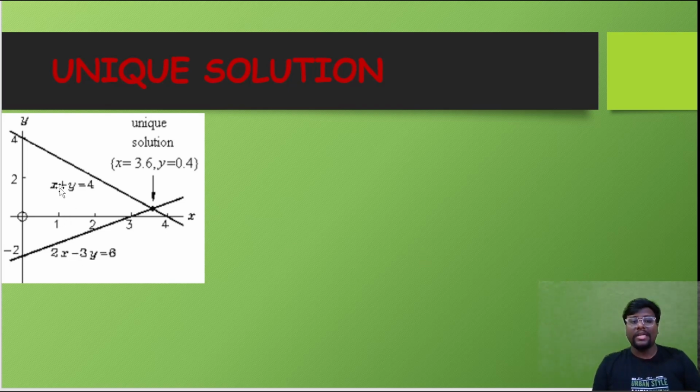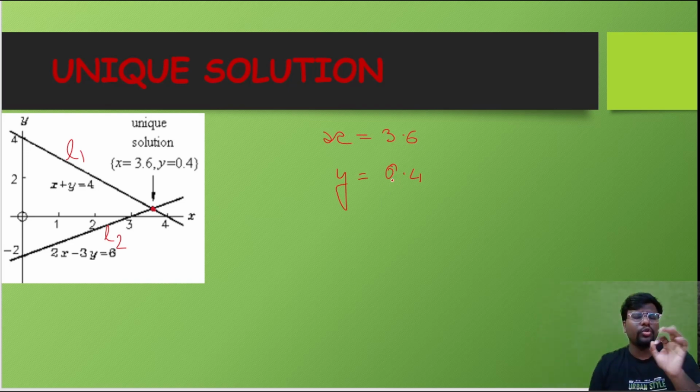Okay, now take a look at this. This is a picture where you have one line. This is line 1, which represents one of the equations, and this is line 2, meeting at this point. Now this point, where x equals 3.6 and y equals 0.4, is the common solution.